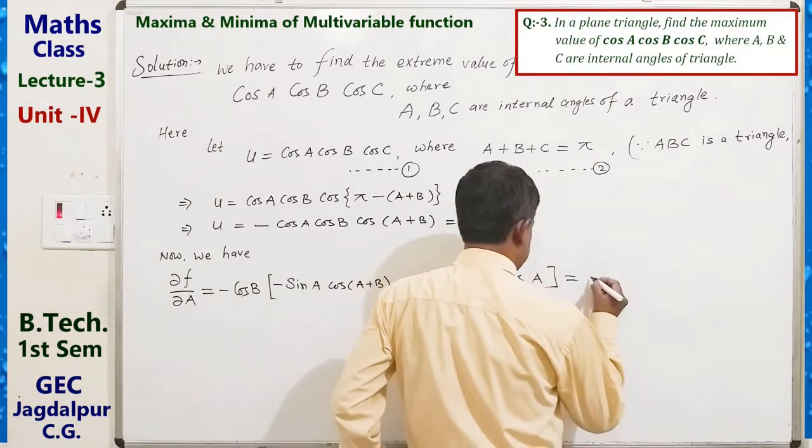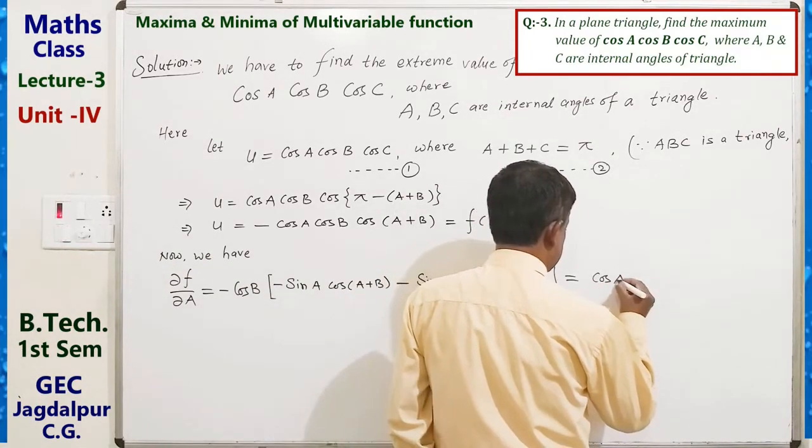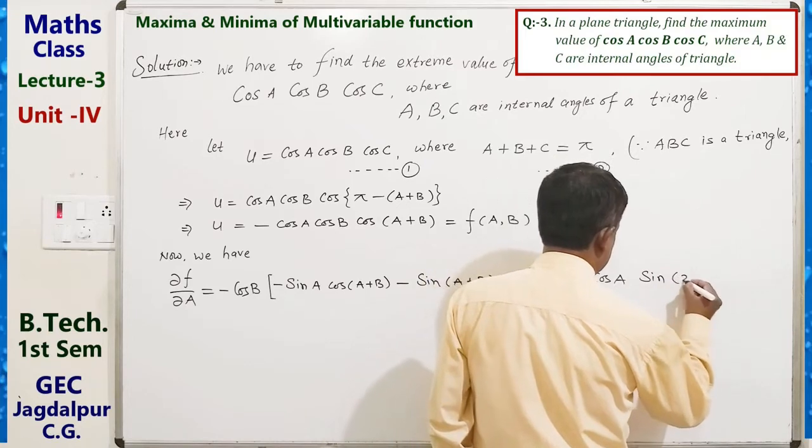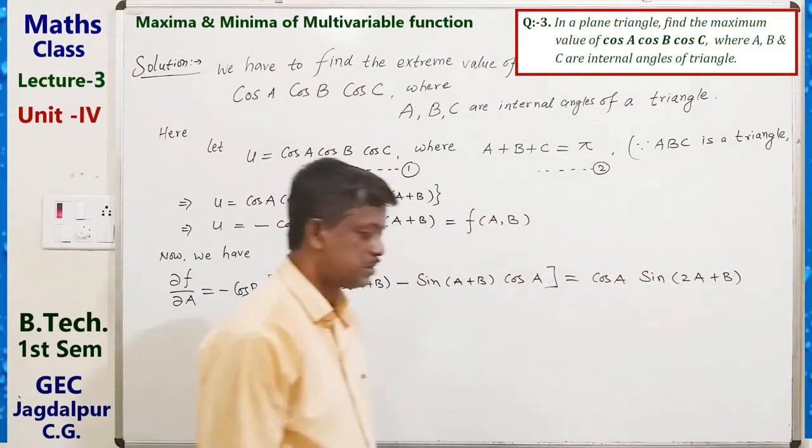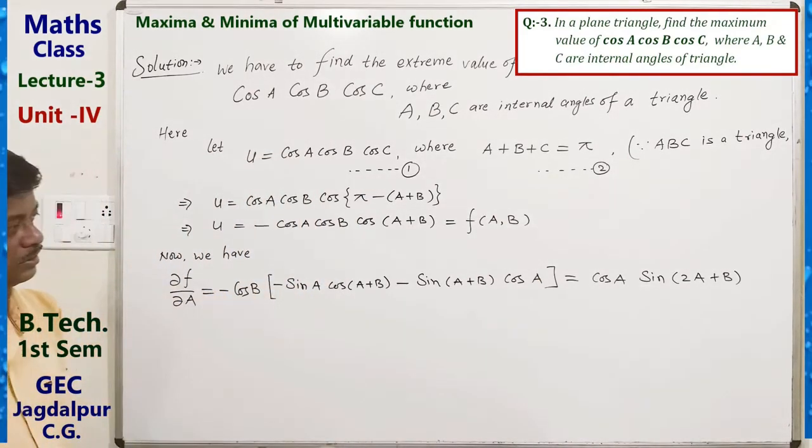So minus minus plus gives cos B sin (2A plus B). Clear? So this is del F by del A.